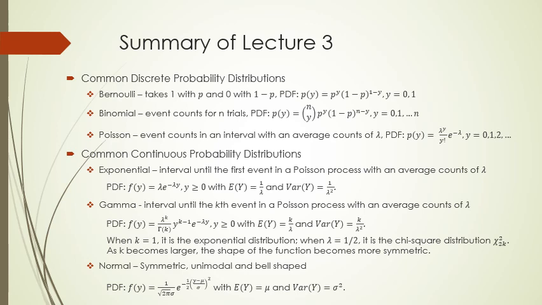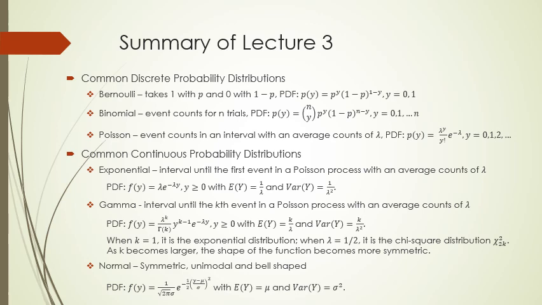The mean and the variance of the exponential distribution are 1 over lambda and 1 over lambda squared. The random variable with the gamma distribution is the interval until the kth event in a Poisson process with the average count of lambda. The mean and the variance of the gamma distribution are k over lambda and k over lambda squared.